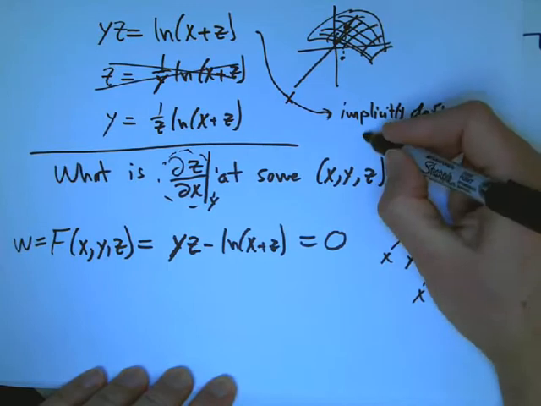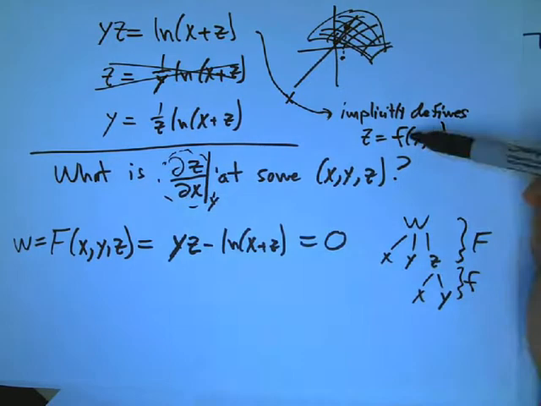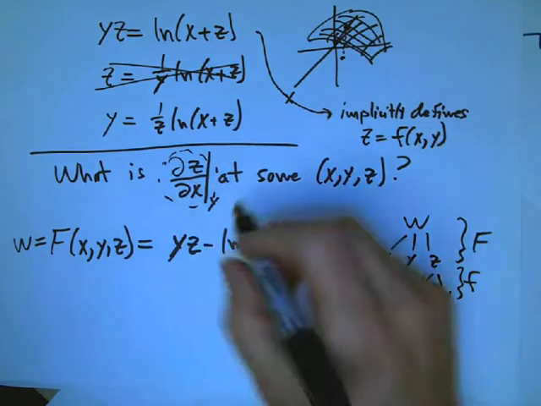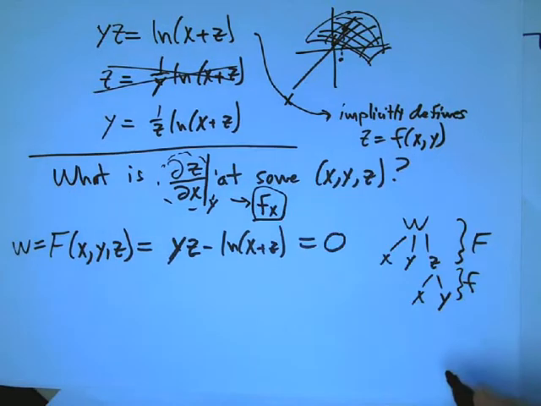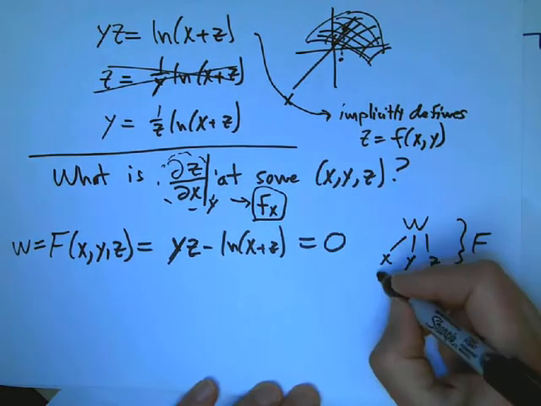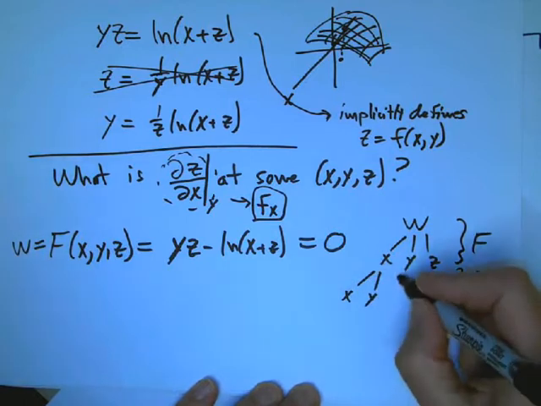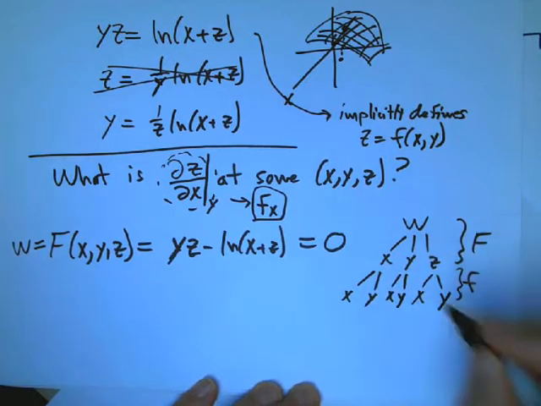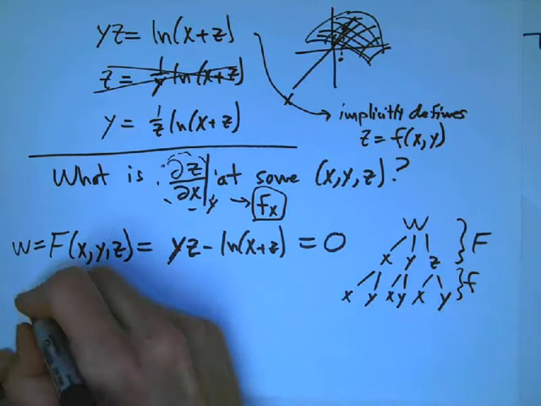So the derivative that I'm going to take right now is the derivative of w with respect to x. I want to take the whole chain. I want to get the chain rule involved in here. So with just y fixed, that's how w depends on x. If I let x vary, I fix y, but I definitely don't fix z.